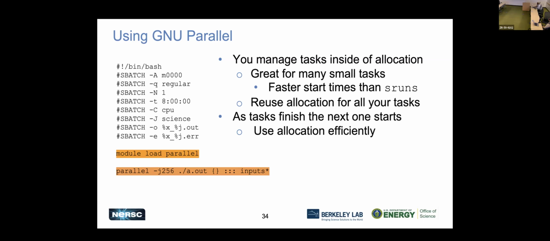In order to make use of this within Slurm, you want to make sure that you do a module load parallel in your sbatch script, okay? So with Parallel, you execute the parallel -j command with a few of these inputs. We just provide a high level overview of how you can make use of it. We have more detailed examples within our NERSC documentation as well.